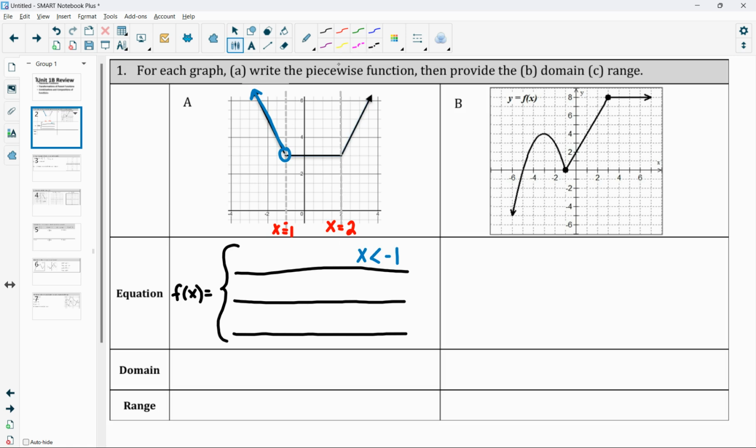So now we need to write the equation for this. And you can do this in a couple of different ways. You can do slope-intercept form here, since it's linear. So you can do y equals mx plus b form. And in that case, you need the slope. So you can count two different points on here and look at the rise over the run.